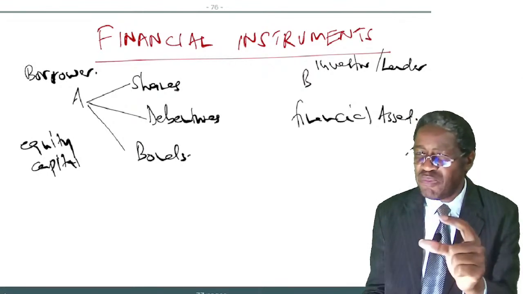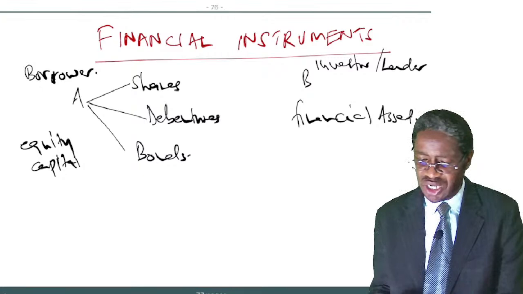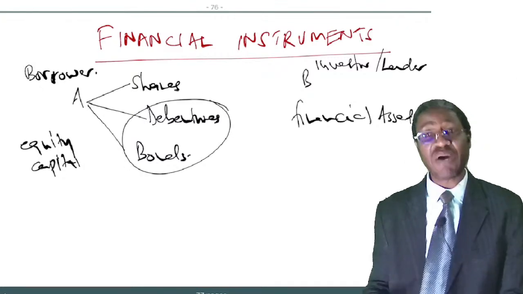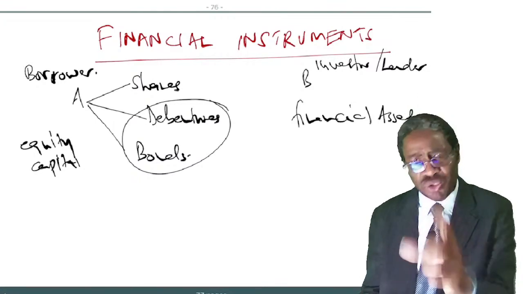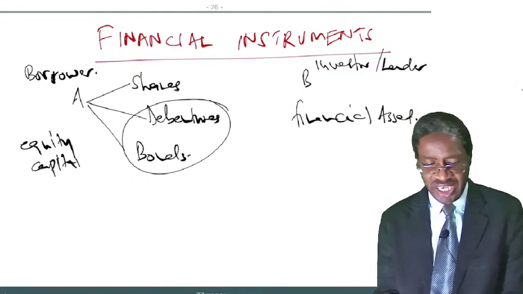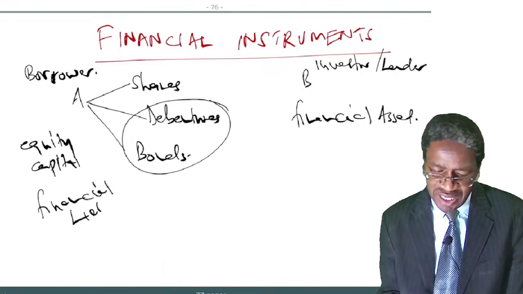If company A issued debentures or bonds, then in the books of company A, it will create what we call a financial liability.